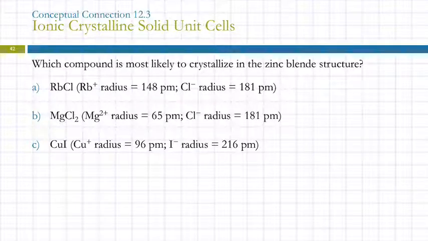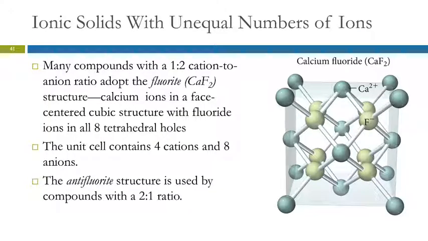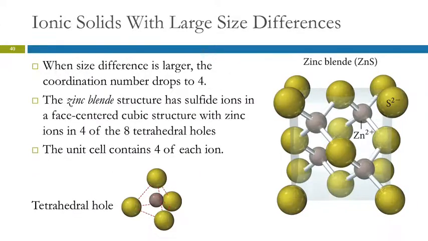Okay, we're not talking about that many structures here. This is the fluorite and anti-fluorite structure. Fluorite is a 1-to-2 cation to anion ratio. Anti-fluorite is the opposite, 2 cations to 1 anion. So that's when you have a 1-to-2 or a 2-to-1 ratio. If we have large size differences but a 1-to-1 ratio, that's where we have that zinc blende structure.